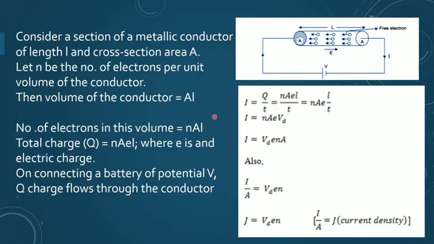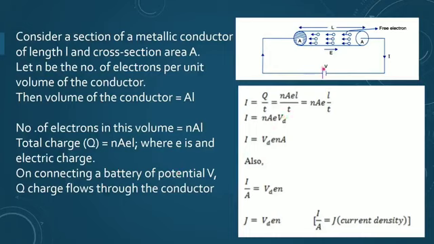We want to find the expression for the current density also. Again, in this diagram, the electric field is in this direction, because the cell has a positive sign here and negative here. Electrons will move in the opposite direction. Again, suppose A is the area and L is the length of the conductor. So the volume will be A into L, and N is the number of electrons per unit volume, so the total number of electrons will be N into A into L. The charge will be this number of electrons multiplied by the electronic charge.